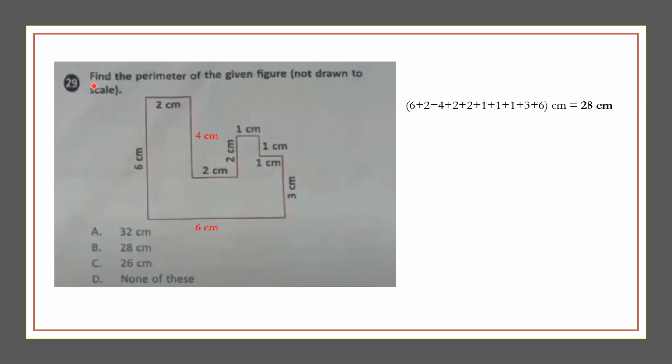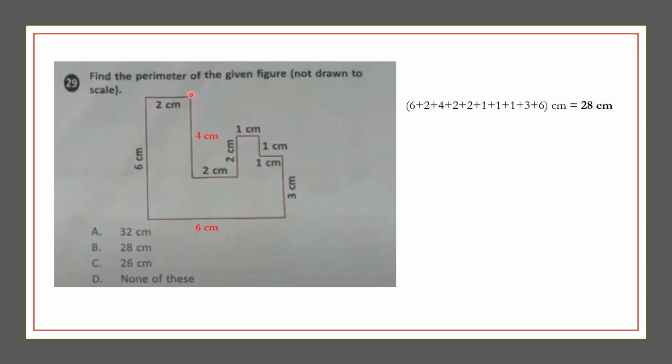Question number 29. Find the perimeter of the given figure, not drawn to scale. Here some lines are missing, so first we need to calculate the length of those lines. Let's say this line here is missing. The value of this line will be 2 centimeter plus 2 centimeter plus 1 centimeter plus 1 centimeter, so the total is 6 centimeter.